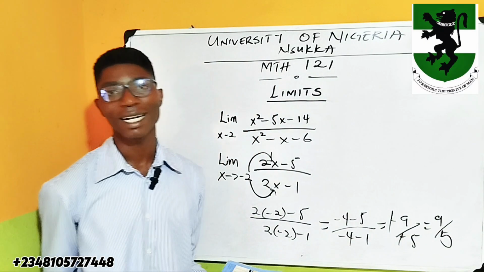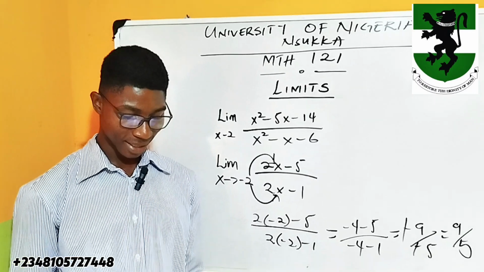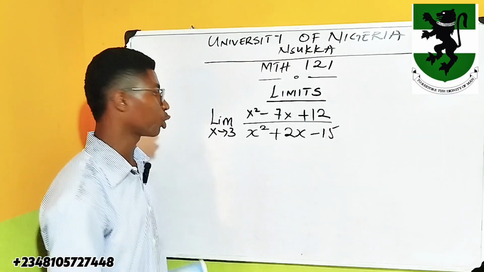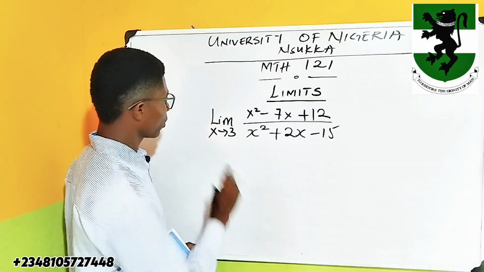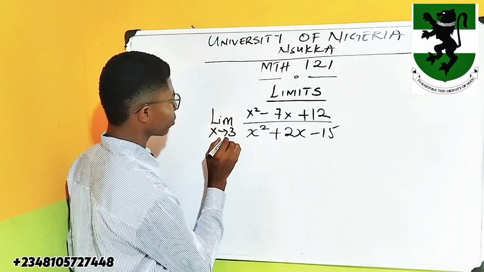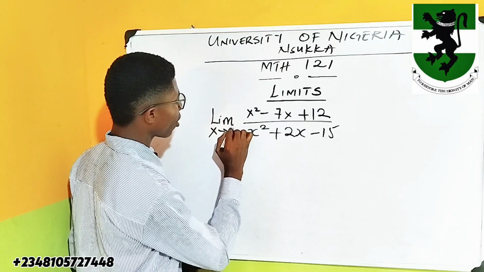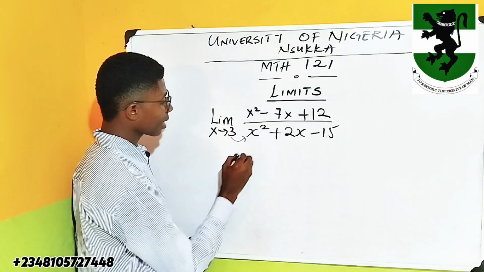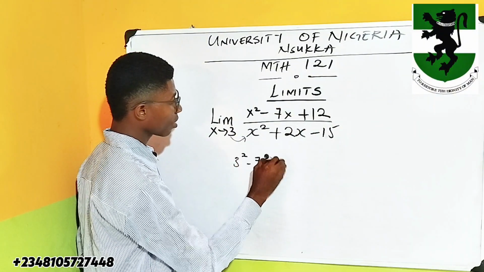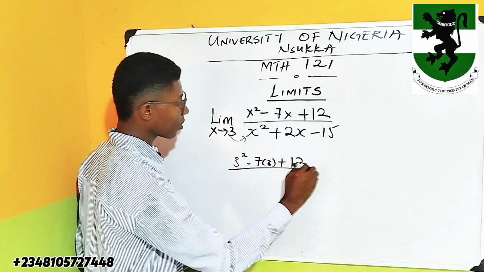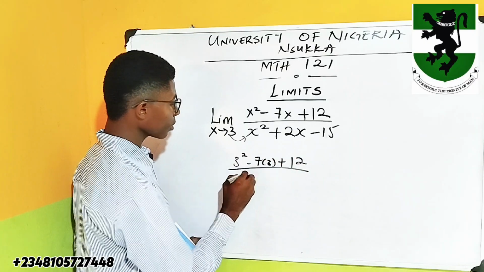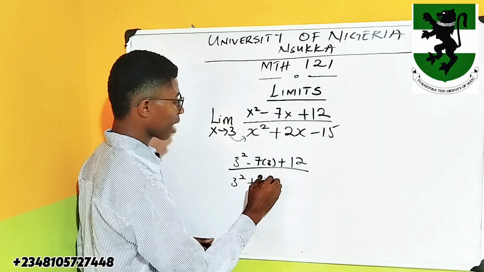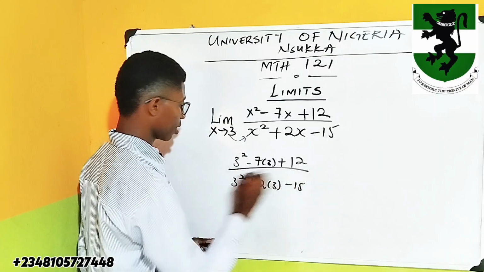Simple and straightforward. Now we're going to solve this question by the method of direct substitution. We substitute 3 into all the terms having x. So we have 3 squared minus 7 times 3 plus 12 all over 3 squared plus 2 times 3 minus 15.